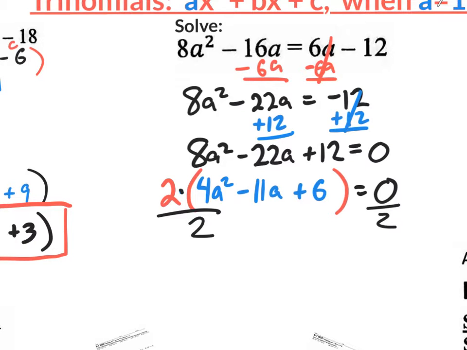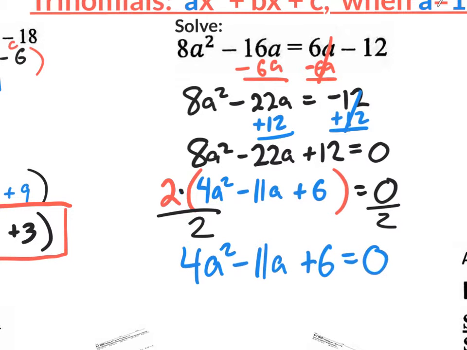As a matter of fact, you could have gone to the original equation and noticed that's an 8, that's a 16, that's a 6, that's a 12. I'm going to divide everything by 2, and that would have made a simpler equation right from the start. Either way, I want to get rid of that outside 2 because it's an equation. I could do whatever I want as long as what I do to one side, I do it to the other side. So my new quadratic trinomial equation is 4a squared minus 11a plus 6 equals 0 divided by 2 is still 0.